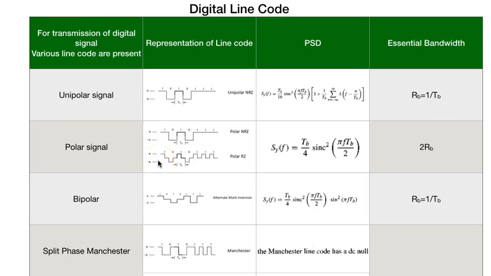For polar return to zero, we have the same pulses but for Tb/2 duration, and similarly for the rest.